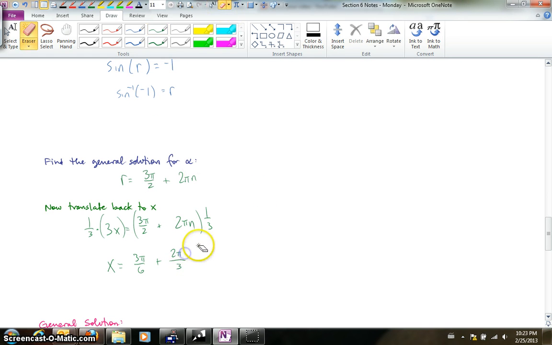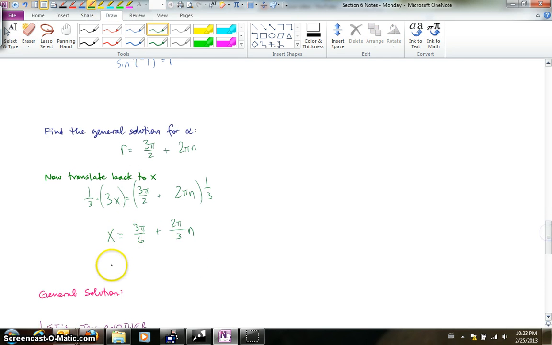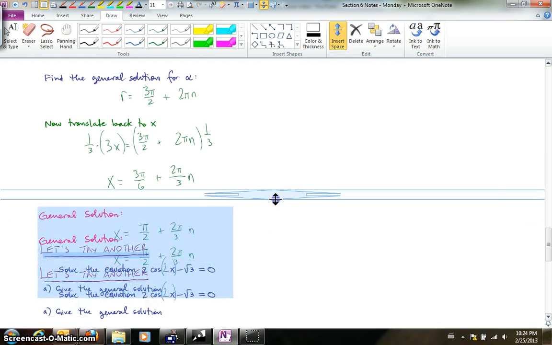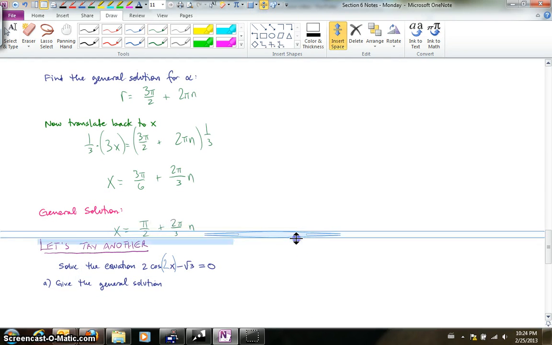You might want to just put the n at the end here. And so we get x equal to pi over 2 plus 2 pi thirds n. That's the actual general solution to the equation that we were trying to solve above. That's the general solution.